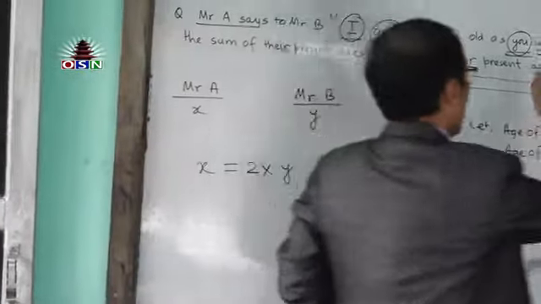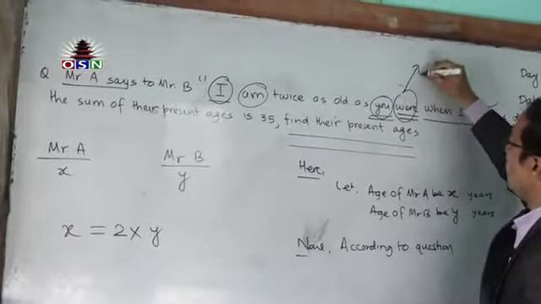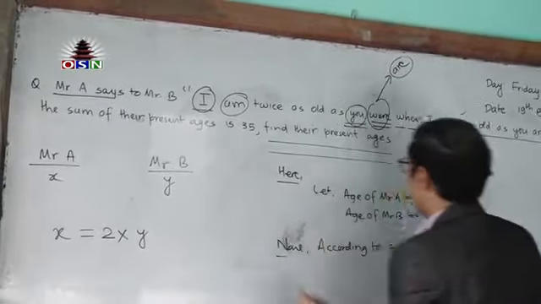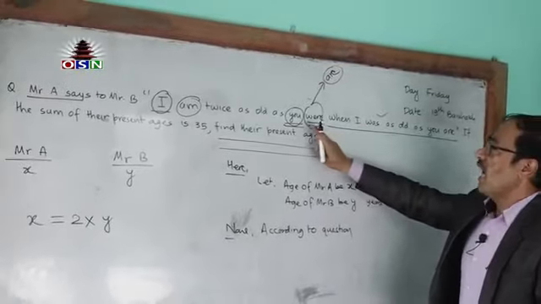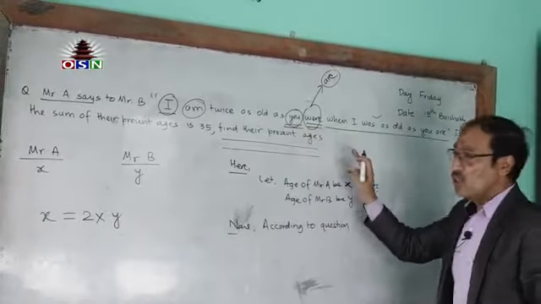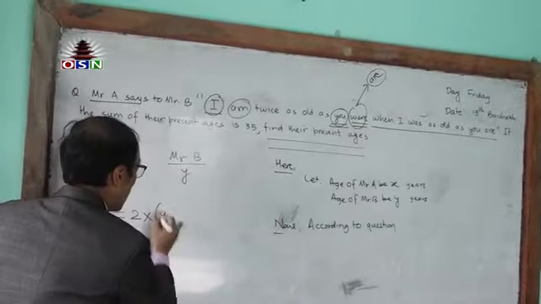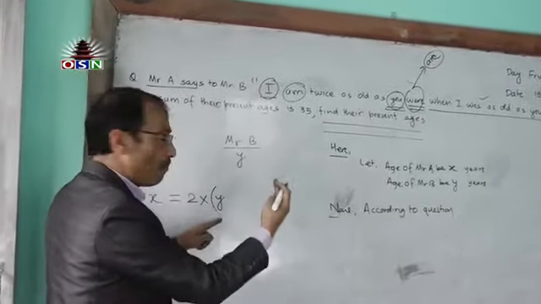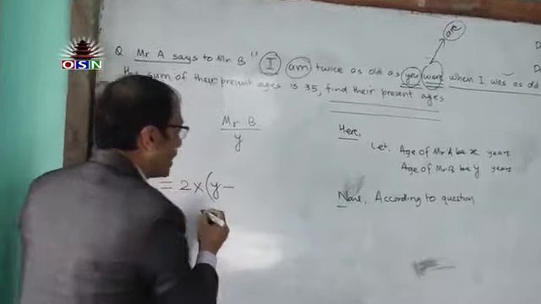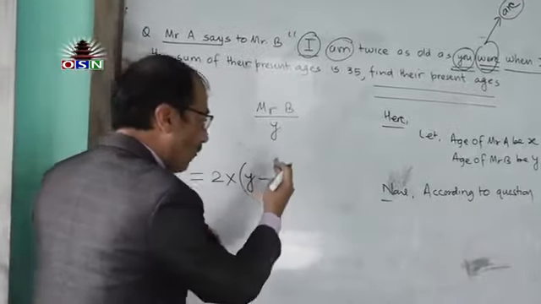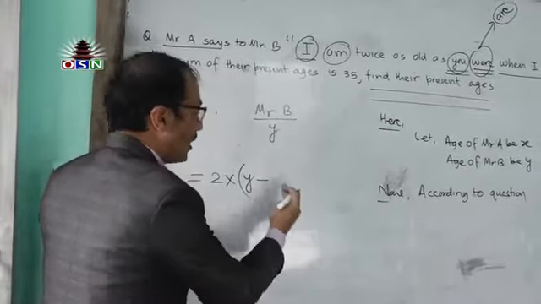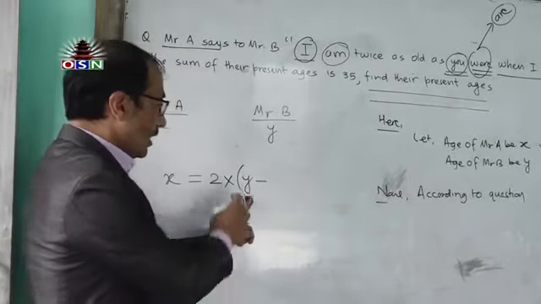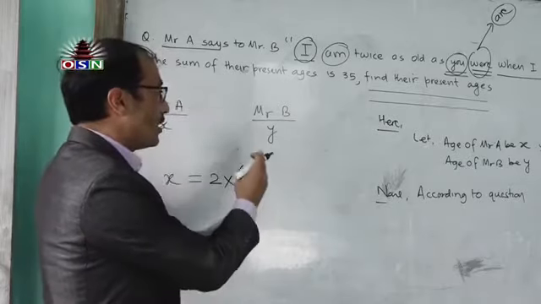If there is "are", you need to write the present age of Mr. B. But here the question says "as old as you were." Were means you will have to write the age of Mr. B in the past, meaning a certain time period ago: 3 years ago, 4 years ago, 5 years ago, 6 years ago, 7 years ago. So you should mention the age of Mr. B in the past.